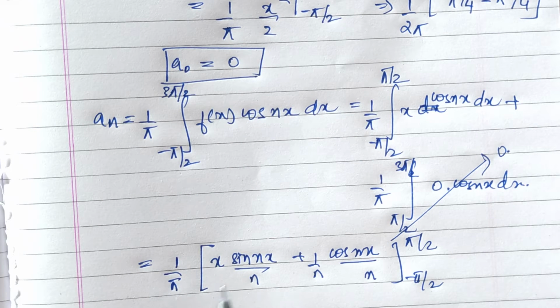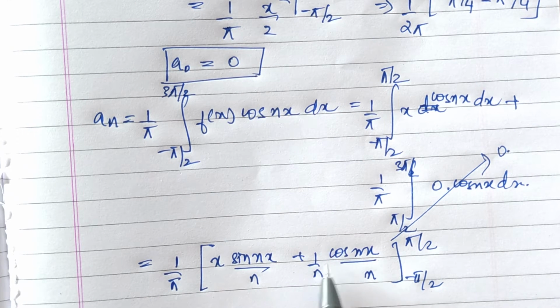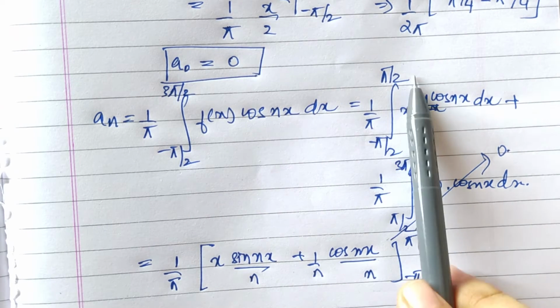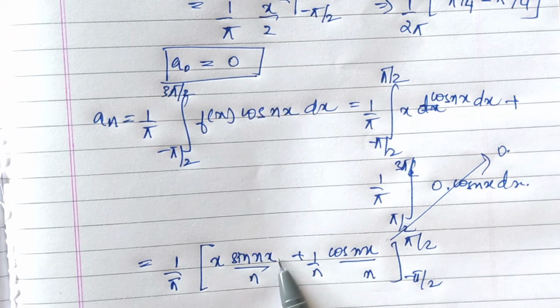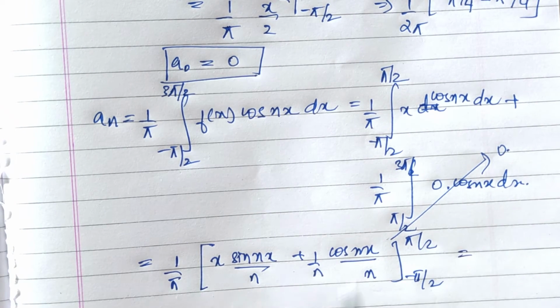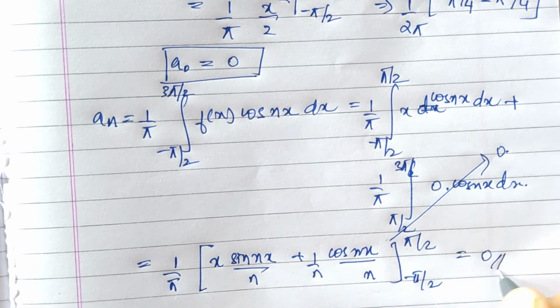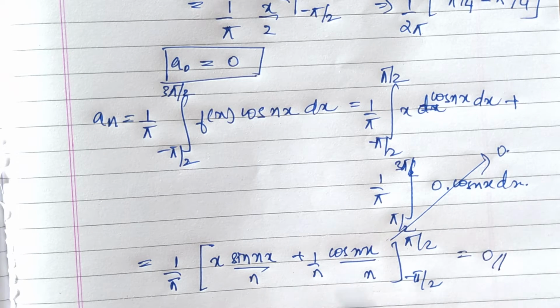So we get 1 by pi into x sine nx by n plus 1 by n cos nx divided by n with the intervals minus pi by 2 to pi by 2. Right? After substituting, all the terms will get cancelled and we'll get the final answer as 0. So our an is equal to 0.